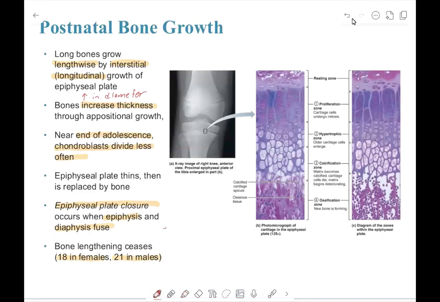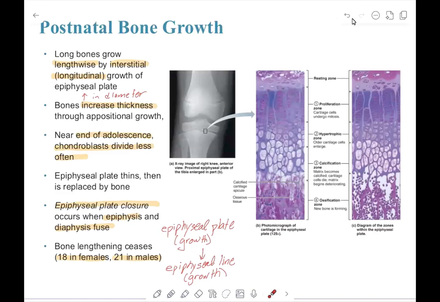But when this happens, the epiphyseal plate or growth plate is now going to be transformed into an epiphyseal line or a growth line. So what's interesting is you can actually see this on an x-ray here. So this is an x-ray image of the right knee, and they've blown it up here. So you can tell the difference between an epiphyseal plate and an epiphyseal line.